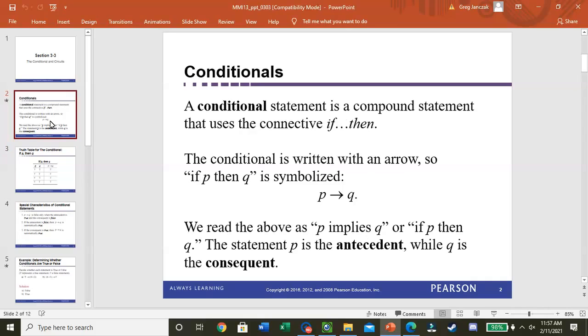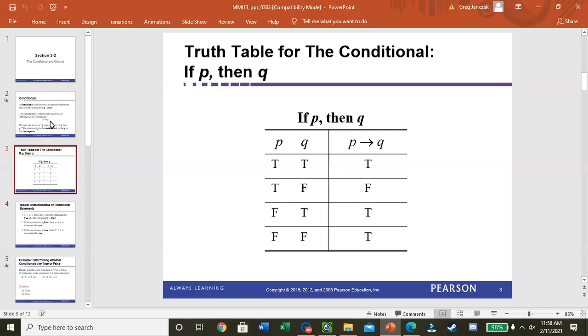Okay, so the main thing with this slide is the conditional statement is if P then Q. So you don't need to write this whole thing, just conditional statements, if P then Q, and how it's symbolized, P with an arrow to Q. Okay, all right, so we good? All right. So you don't need to write all that.